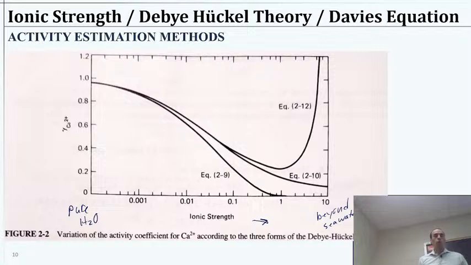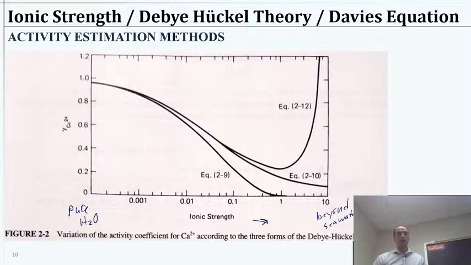Okay, and what we see here, these 3 different models will give us an activity coefficient based on the ionic strength, and we see the activity coefficient tends to drop. This is activity for calcium, by the way. It will be dropping as we go from pure water down towards very salty water. So one thing we note is equation 2.9.